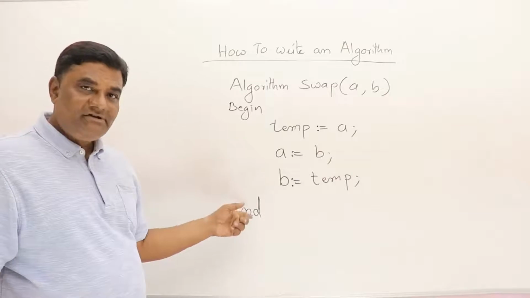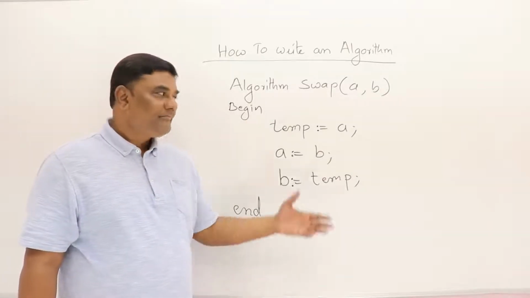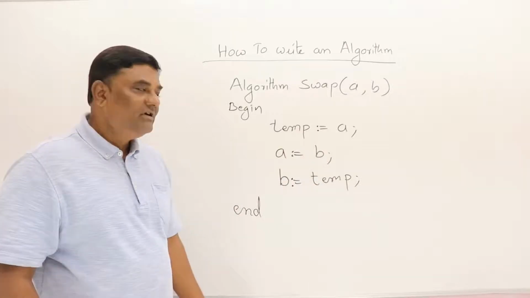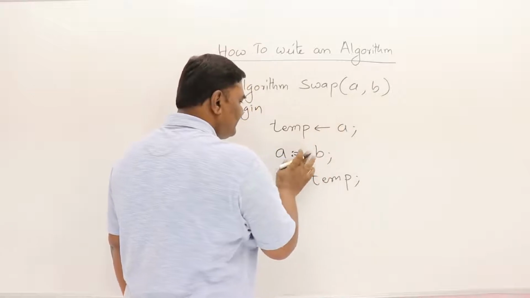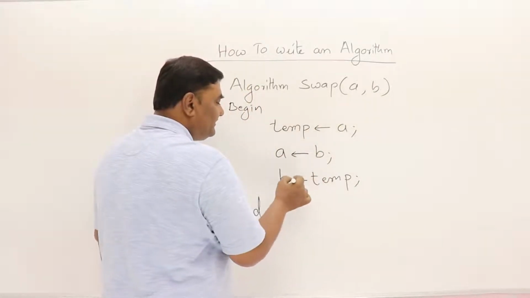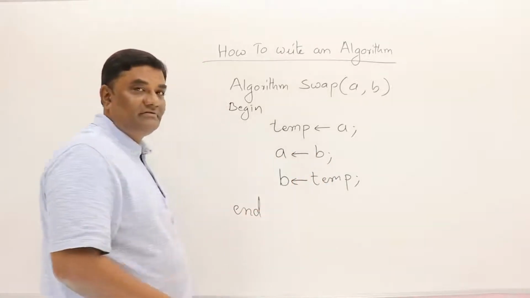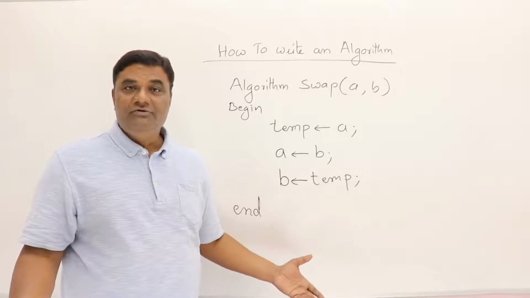Actually, this is an assignment symbol that was used in some old languages like Pascal. So you can use that one. Or else, you can use this symbol for showing that this value is stored in this one. So now it's up to you how you want to write it.